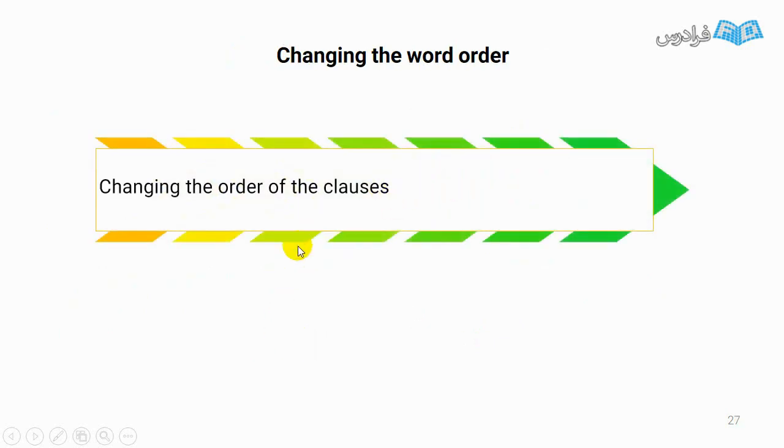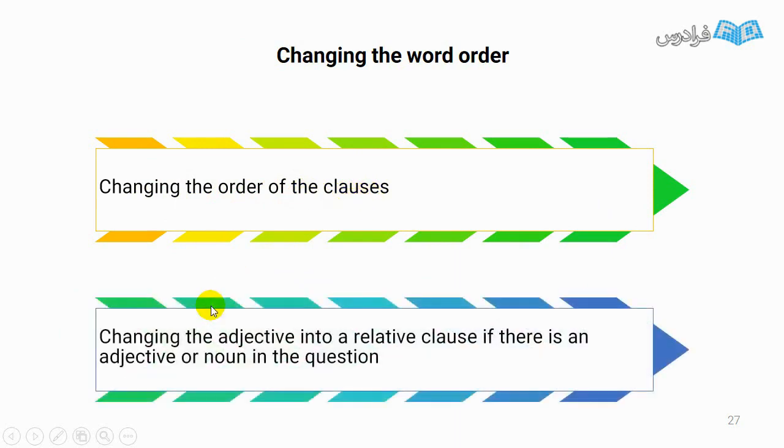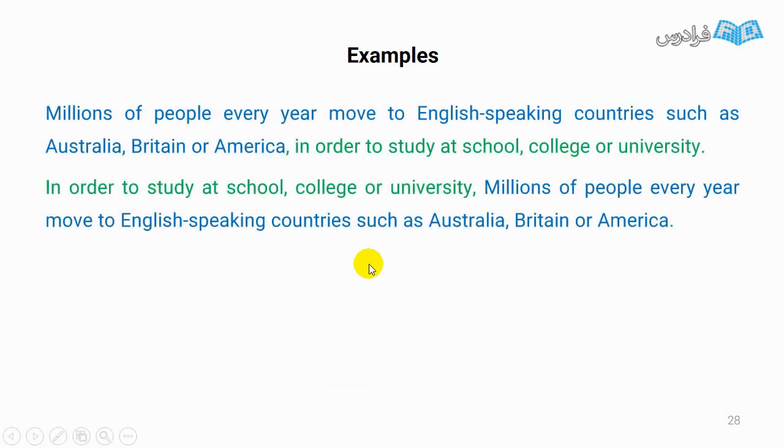Changing the word order. Changing the order of the clauses and changing the adjective into a relative clause if there is an adjective or noun in the question. Let's check these examples. Millions of people every year move to English-speaking countries such as Australia, Britain, or America in order to study at school, college, or university.